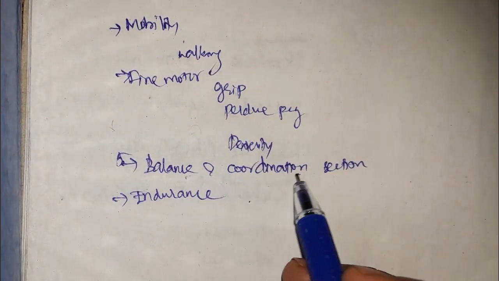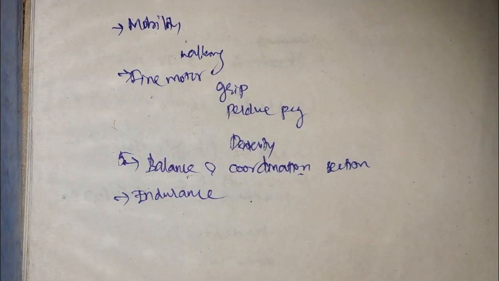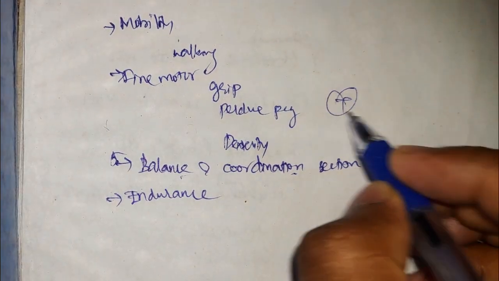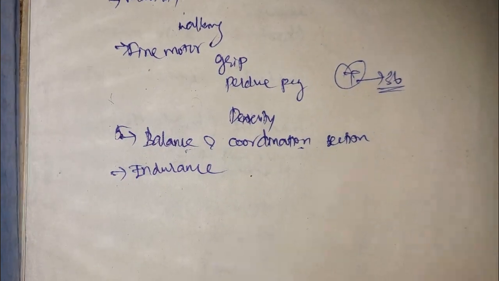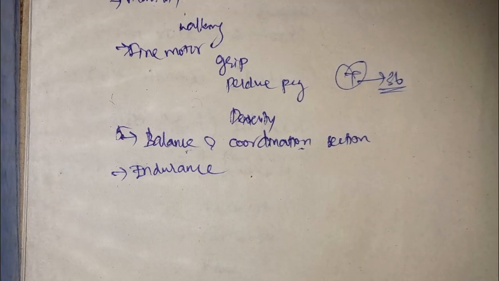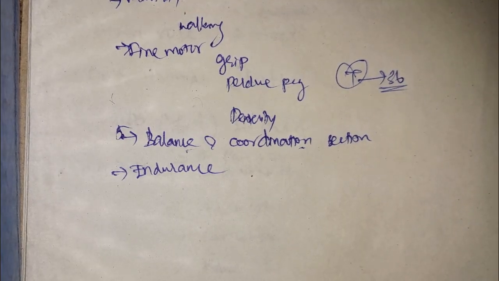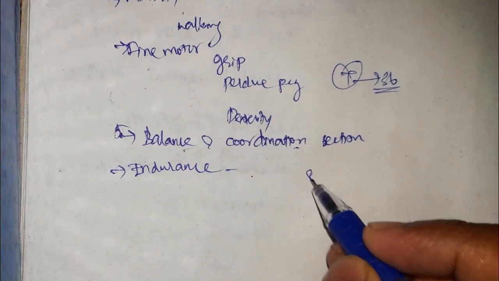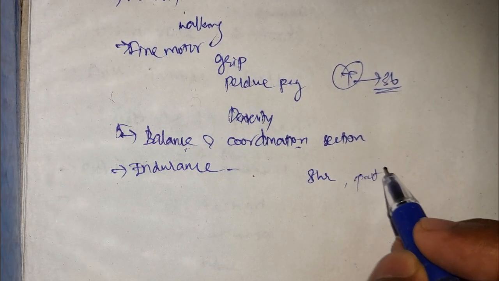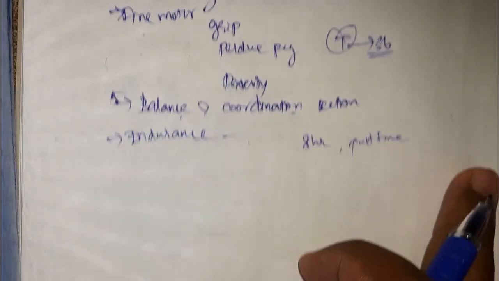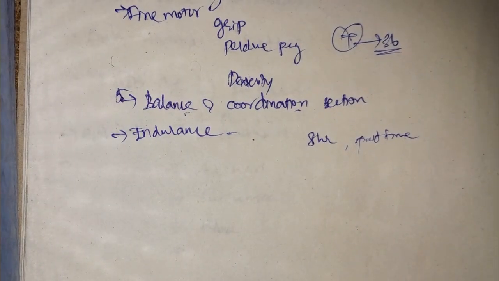Balance and coordination is an individual component. So in total, by these 7 sections, we check 36 tasks and give the result. By this we can understand whether the person can work 8 hours or part time, and whether every demand is matched with the person's ability.